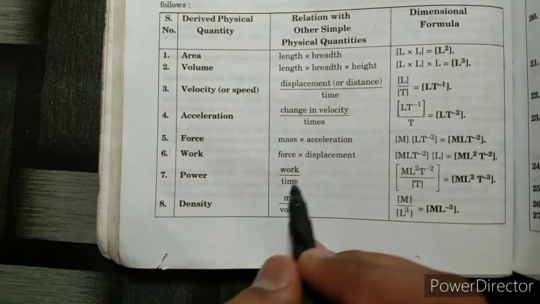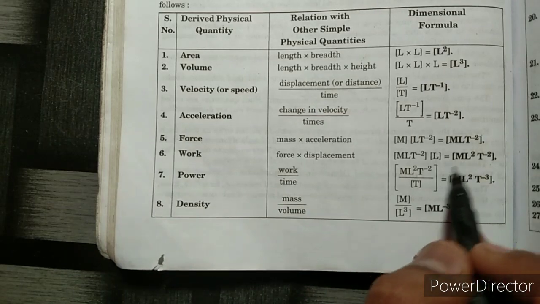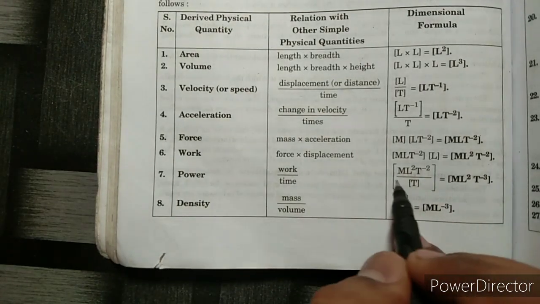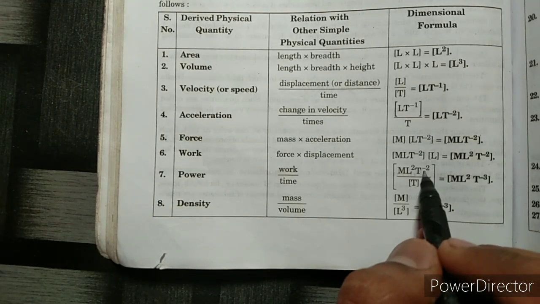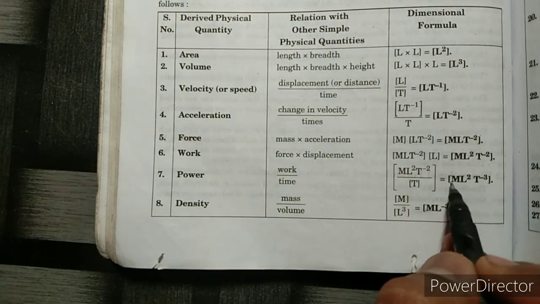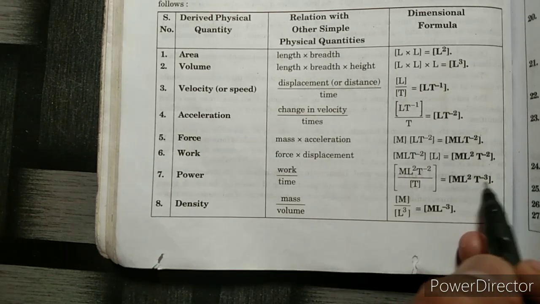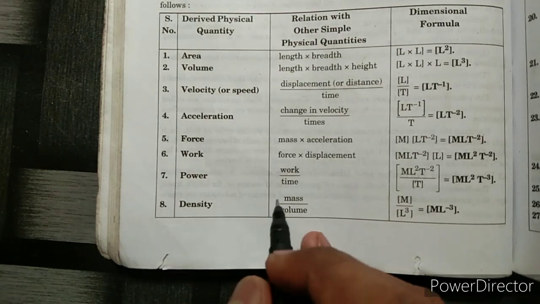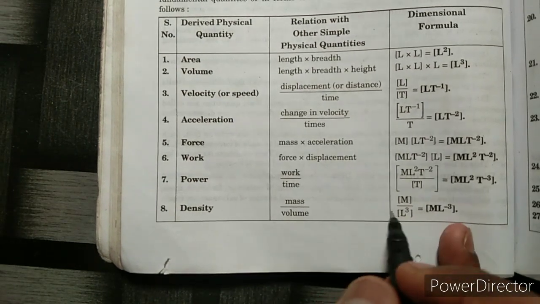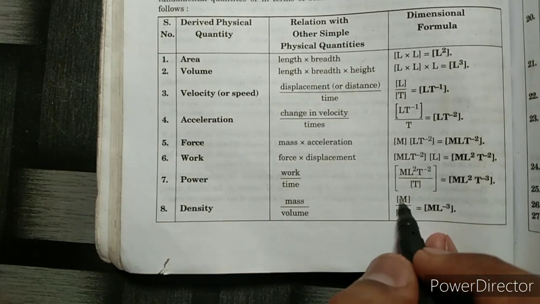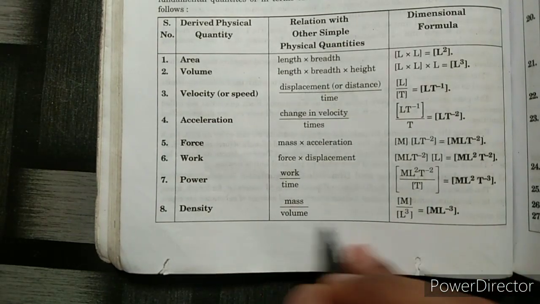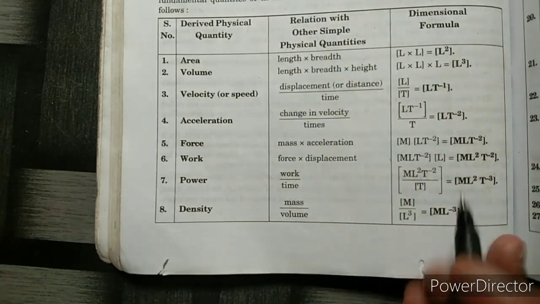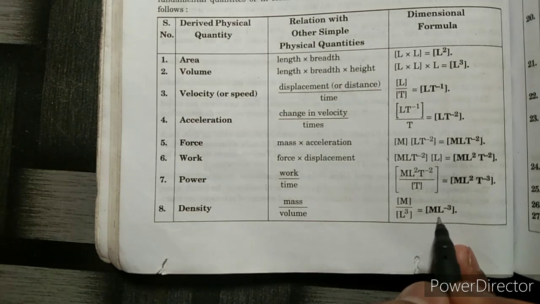Power is given by work upon time, and the dimensional formula of work is ML square T minus 2 upon T, and T minus 2 and T minus 1 become T minus 3, so the formula becomes ML square T minus 3. Similarly, next is density. Density is given by mass upon volume. Mass is represented by capital M and volume by L cube, so the formula becomes ML minus 3.